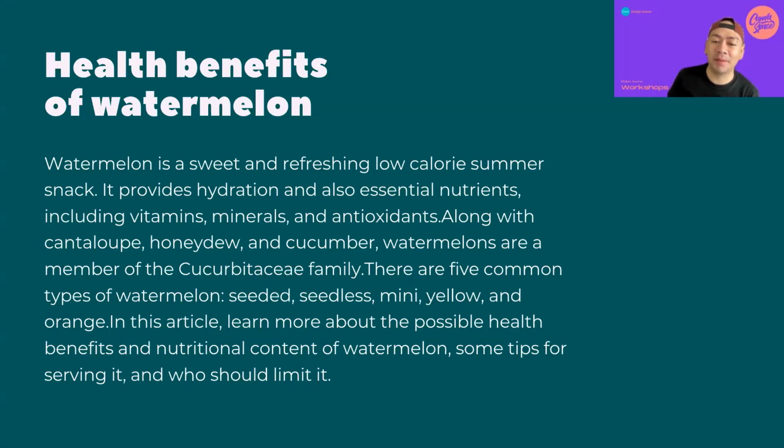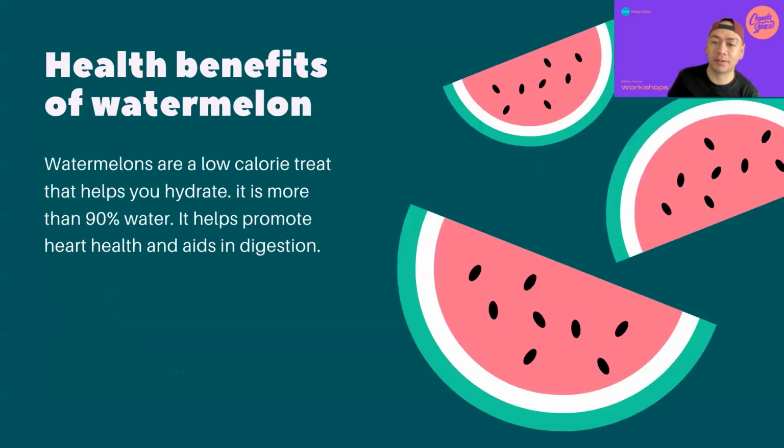Now, one way of doing it better is by adding images or pictures or graphics to your design, right? So I'm gonna show you an example. What can you say about this? So they summarize it that watermelons are a low-calorie treat that helps you hydrate and so on. Fresh, nice, better, cute.